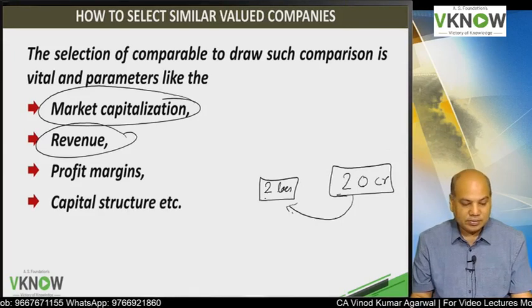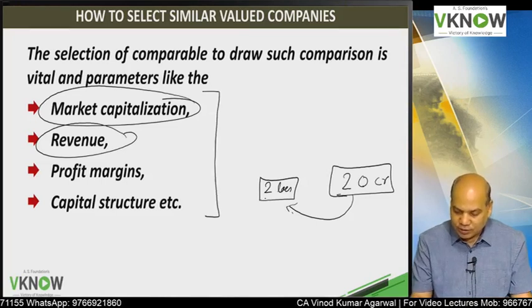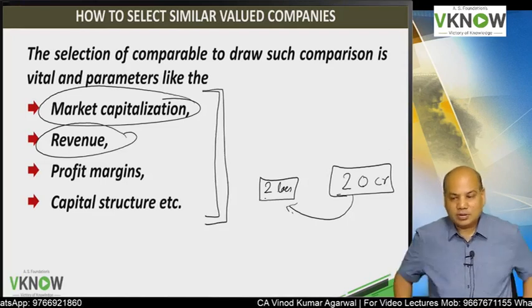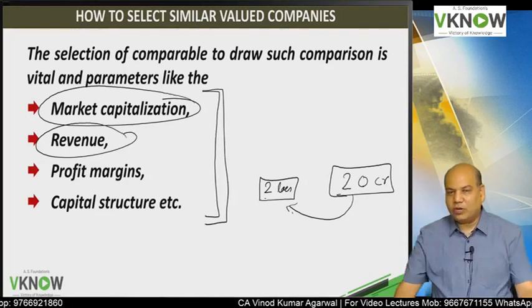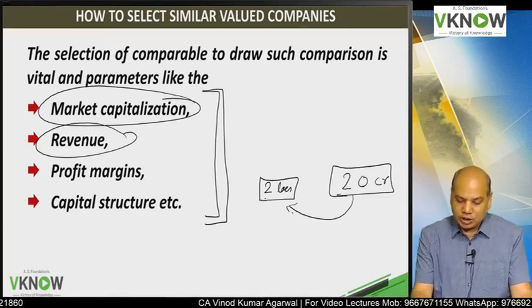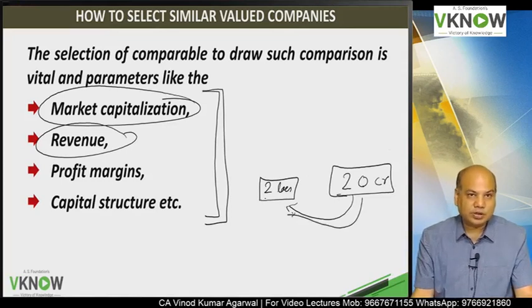Profit margin, capital structure. So the comparable companies should have common features. Of course it cannot be equal, but at least it should not be very, very different when you are using the comparable company approach. And even if you are using it, you will have to make an adjustment to the valuation.